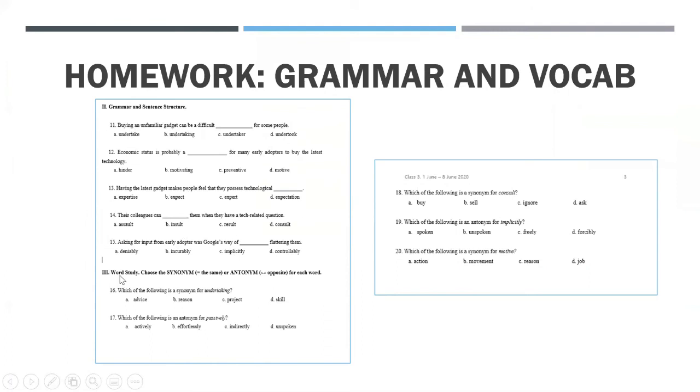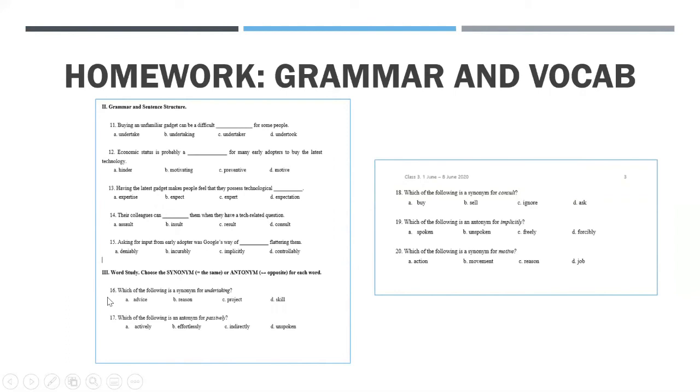The last part, word study, which is vocabulary. You have to choose the correct synonym or correct antonym. Remember, synonym means a word that is similar or the same to the original word given, and an antonym is the opposite.